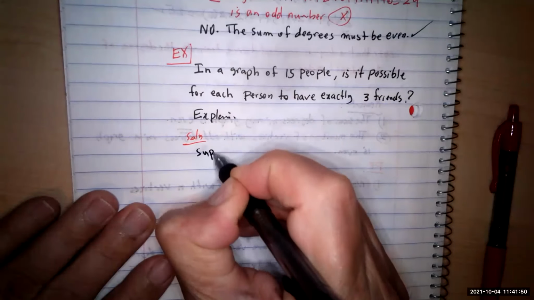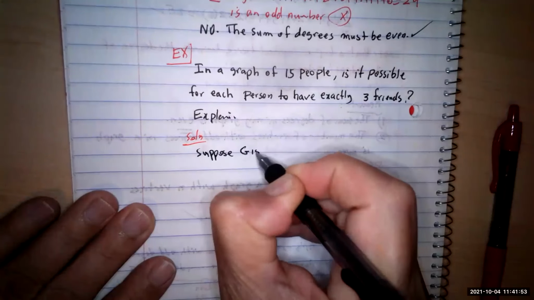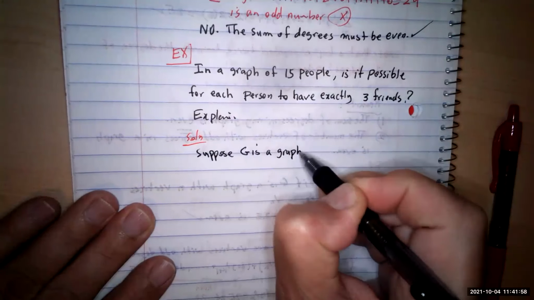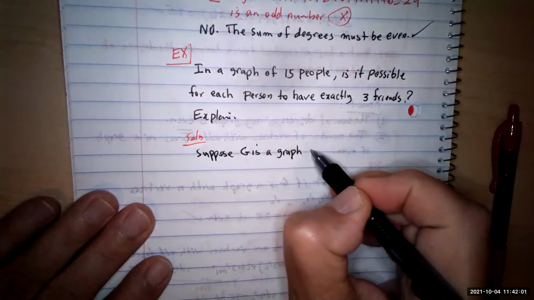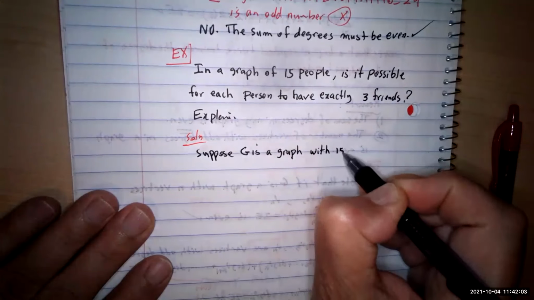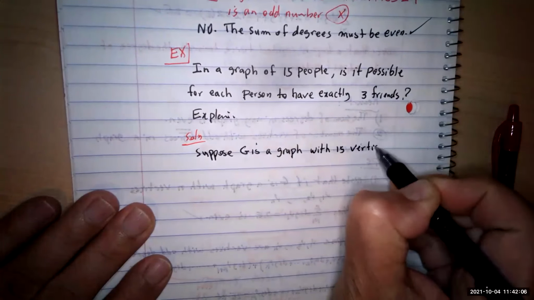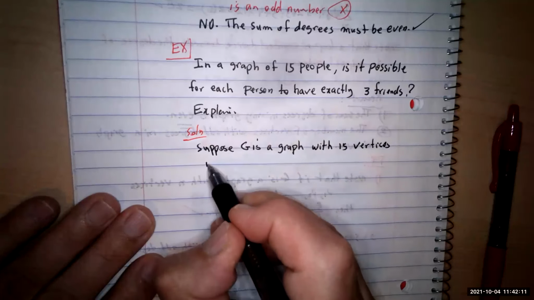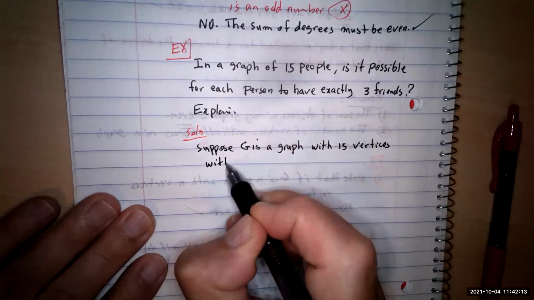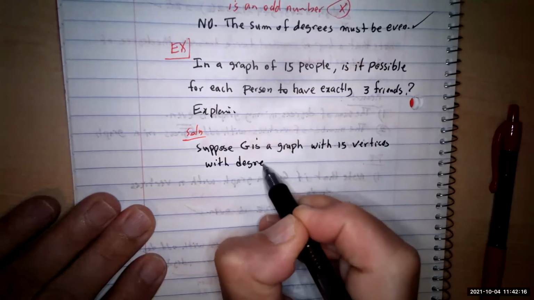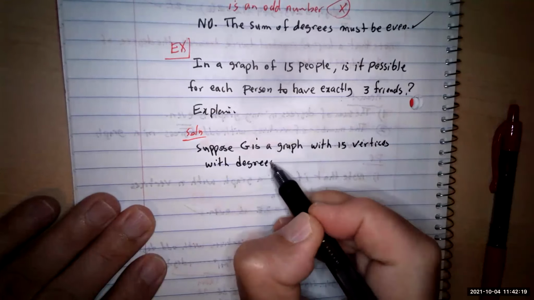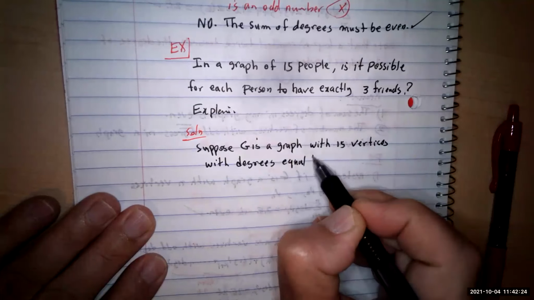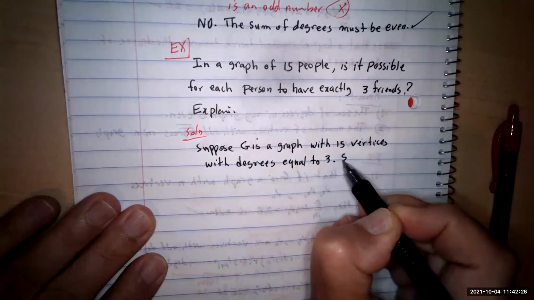Suppose G is a graph with 15 vertices, with degrees equal to 3. So this is what we have.